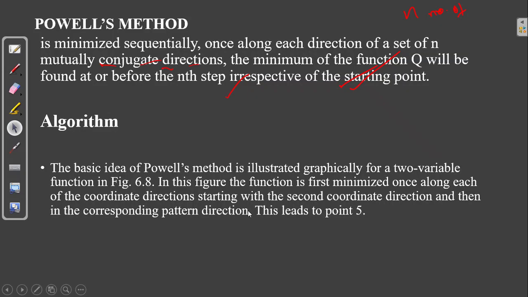That means we will minimize the function once along each of the coordinate directions, starting with the second coordinate direction.